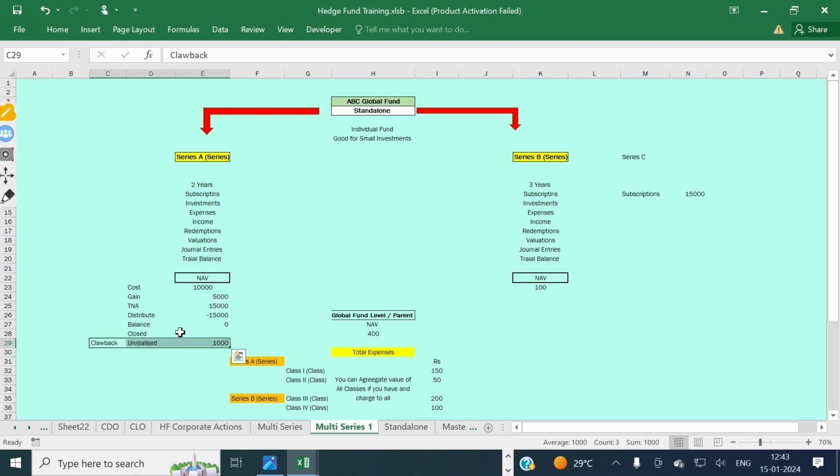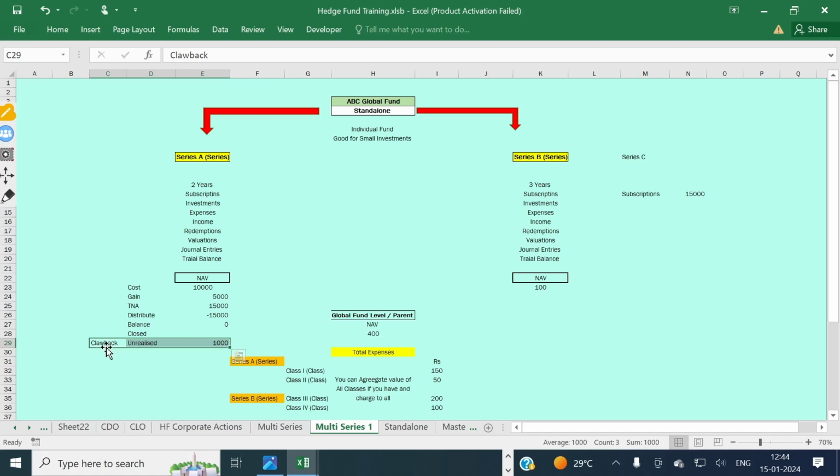I know my income is 1,000, but still I cannot use it. Clawback means it's a provision on the profit from this particular series. Until this series matures or is redeemed, I won't be able to use that money.